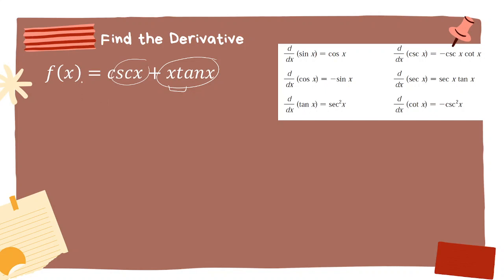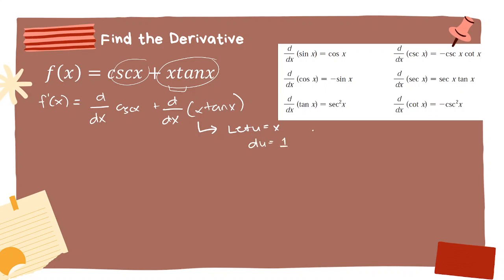So, we get the derivative of that one. So, f prime of x is equal to d dx ng cosecant x plus d dx ng x tan x. Now, what is the derivative of x tan x? Kunin na let u si x. So, anong du natin? 1 lang.